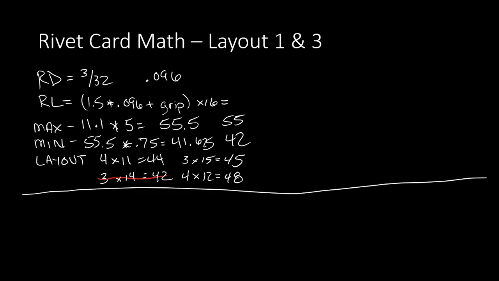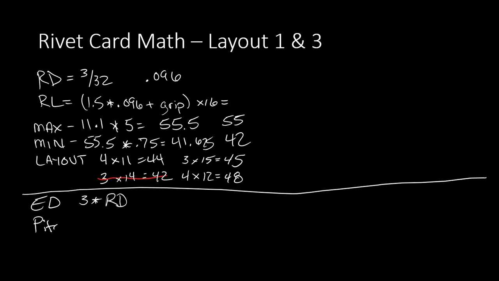So pick your layout. Remember, you've got pitch, which is going to be that 5. Ooh, hang on. You got to do edge distance first. My bad. Edge distance. You're going to want 3 times your rivet diameter, which is that 0.096 up at the top.